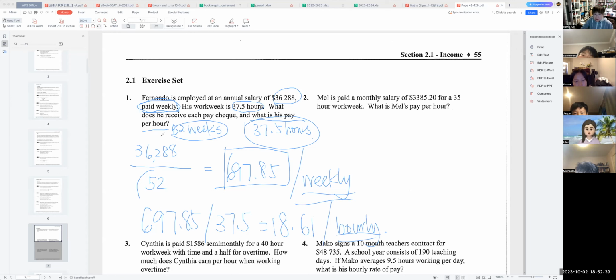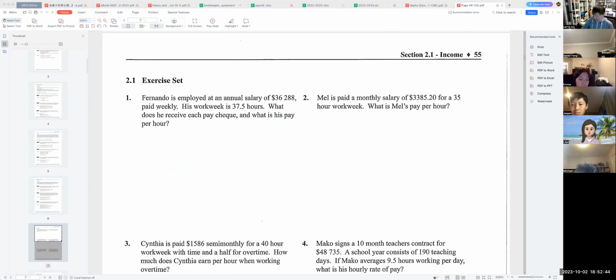Okay, but Daniel, you didn't calculate the weekly. Okay, so if I change this one to monthly, so equals what? Equals 36288 divided by 12. Understand, Jasper, Emma, and Michael? So how often you're paid is based on how many weeks or months are in a year. Michael, 你要看着啊。So this is the total yearly you gained, right?